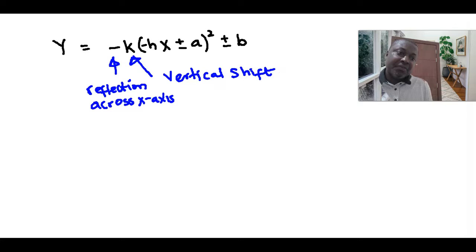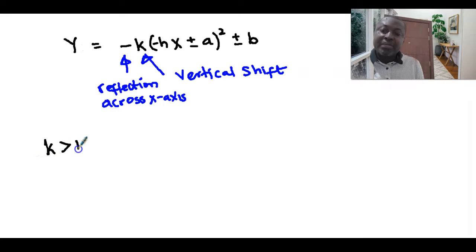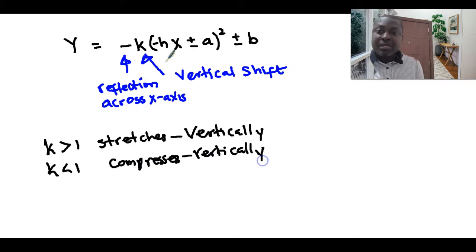And we have learned that when k is bigger than 1, it stretches vertically. Okay, and when k is less than 1, it compresses vertically. This negative inside here is a reflection across the y-axis.